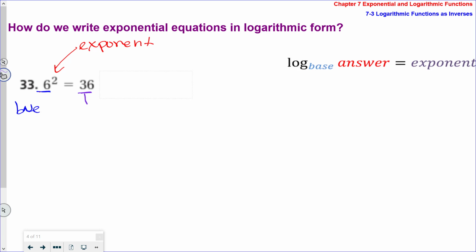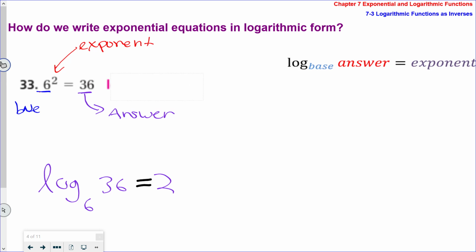And 36 is the answer when we raise 6 to the second power. Base, exponent, answer. So in logarithmic form, Anthony. Thank you. Log base 6 of 36 equals 2.